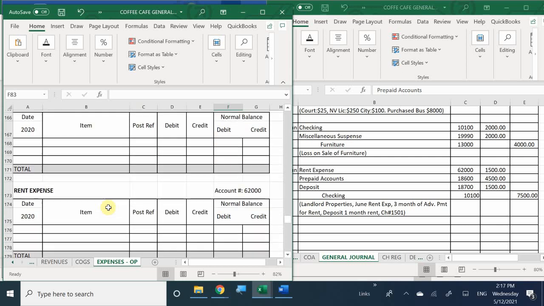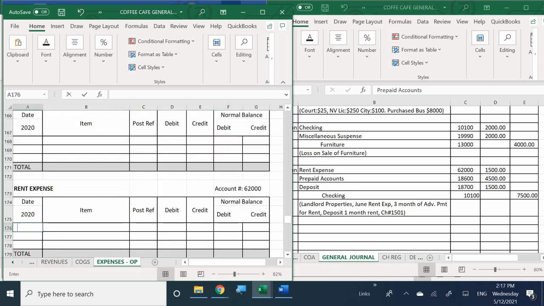Travel, rent. Okay. I can go ahead and write the date, and this is where I can make my note. Instead of cluttering my journal, I can make the note here in my ledger. It's June 5th, thank you.